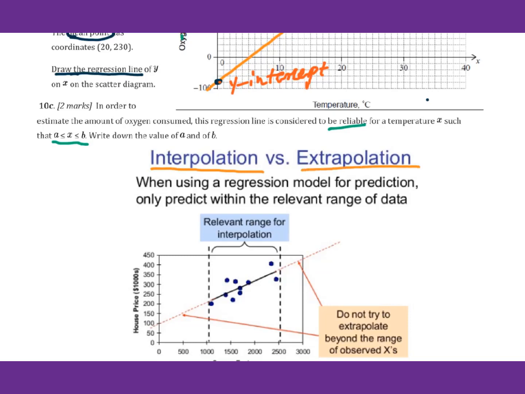Interpolation means the area between the domain. When you do the estimation in the interpolation range, it's reliable.